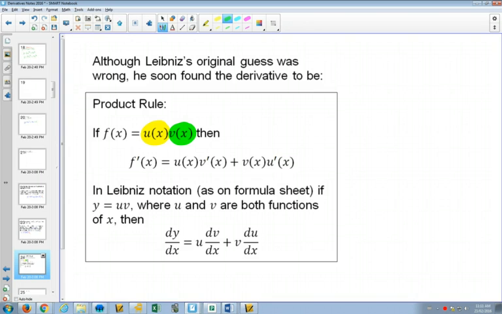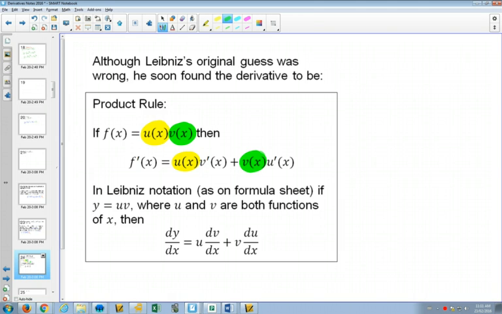To get the derivative, we keep that first function the same. And then we multiply that by the derivative of the second function. Then we keep the second function the same and multiply that by the derivative of the first one and add those two together. That is in Newton's notation.